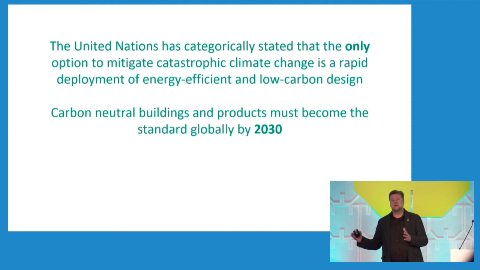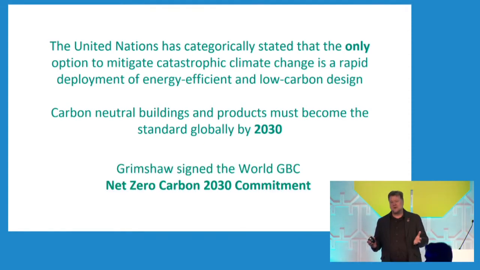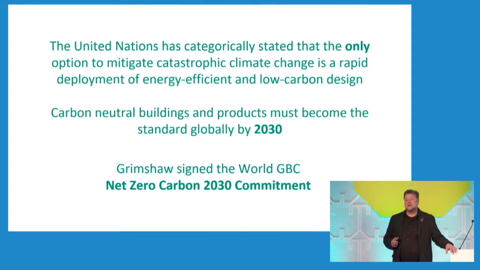So we as a company are committing that all of our built work will be carbon neutral by 2030, 100%. So that's quite an undertaking, and to do that, you've got to start now. And I'm going to talk as well about some of our current projects that are already achieving that.